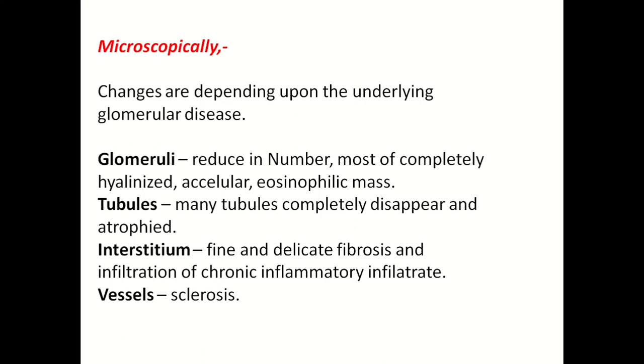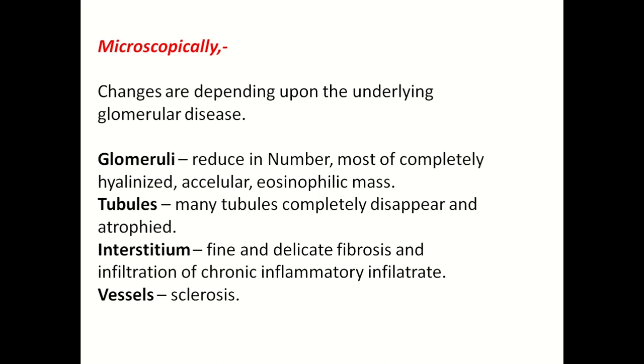In chronic pyelonephritis, you will find thyroidization of the tubules, meaning in the lumen of the tubules you will find inspissated eosinophilic material, while in chronic glomerulonephritis, first of all, there is complete disappearance and atrophy of the tubules.